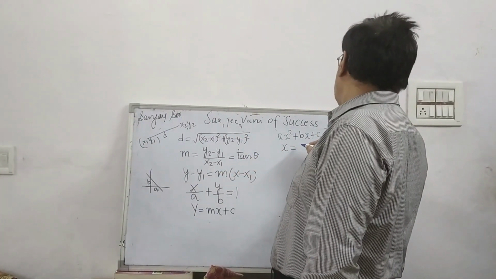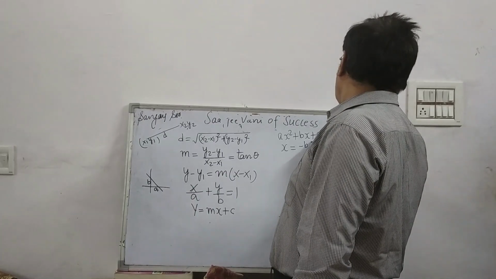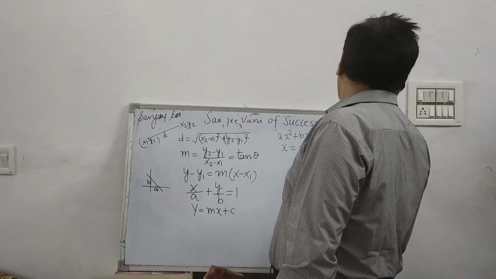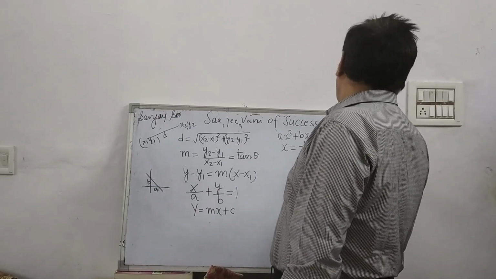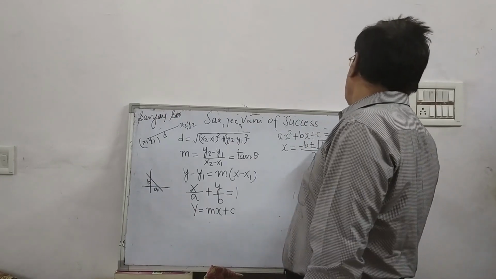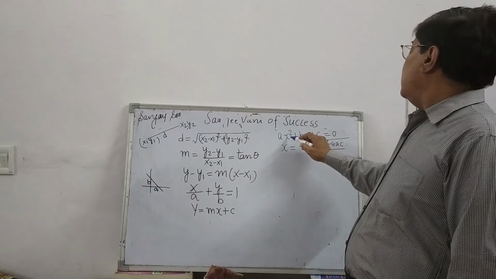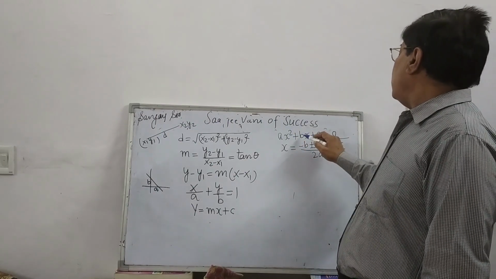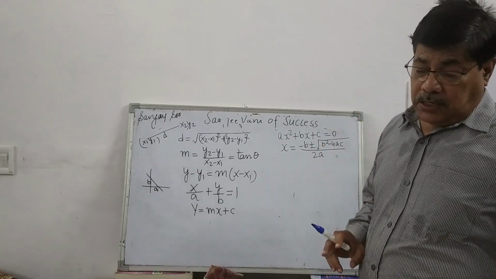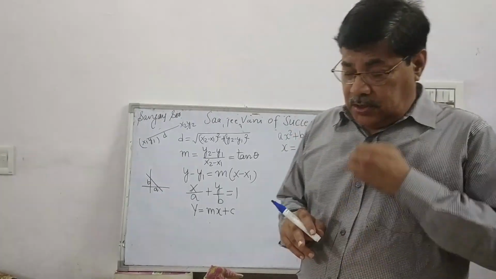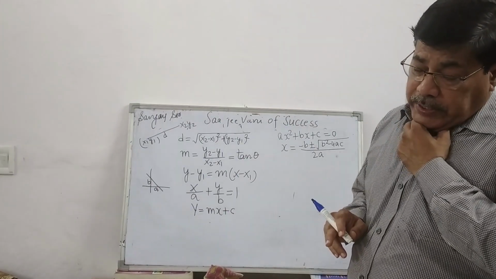By this formula, x equal to minus b plus minus under root b square minus 4ac, upon 2a. What is a? A is the coefficient of x square, b is the coefficient of x, and c is the constant. Clear? Okay.